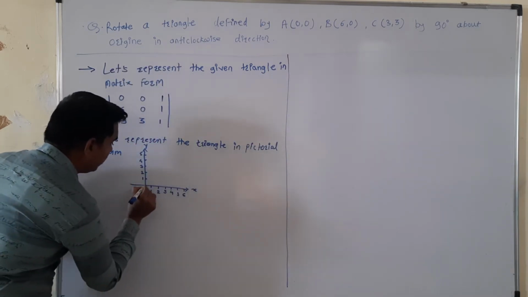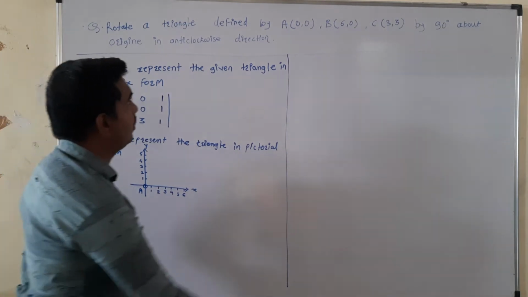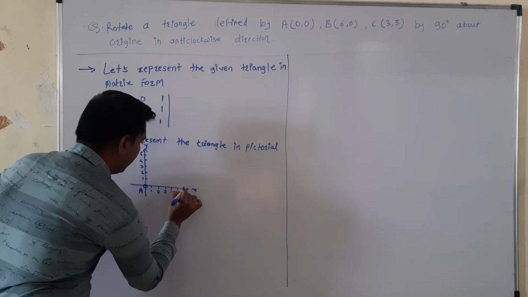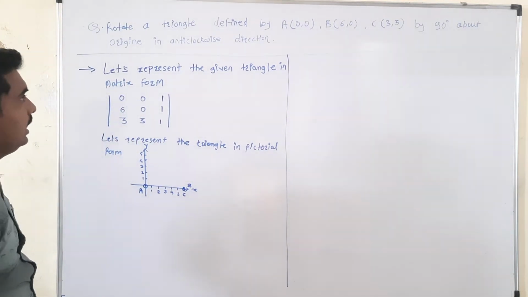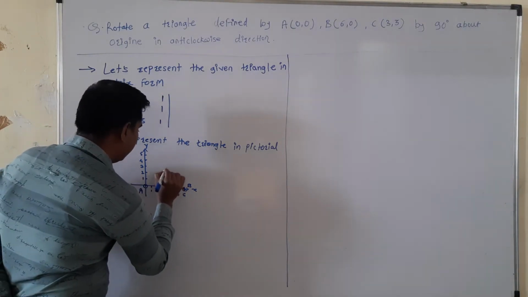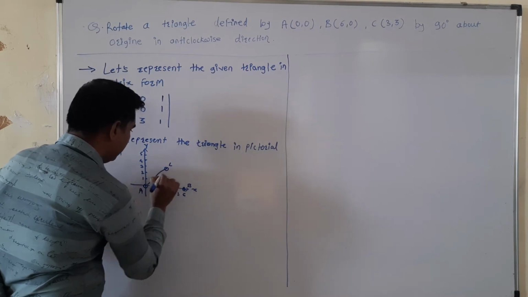So here we got the first point A. Then the second point coordinate is 6, 0. So we will get the second point B here, 6, 0. And the third point is at 3, 3. So here we will get the third point C, that is at 3, 3.